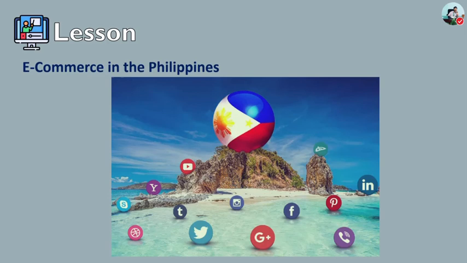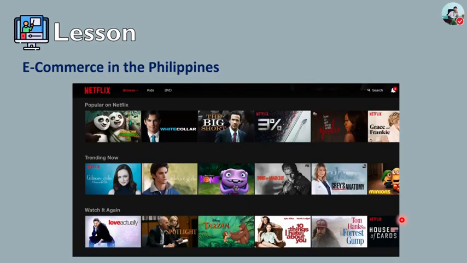So Filipinos are really fond of using social media, and they use electronics or technology to exchange information or conduct any business transaction. The market for digital media products in the Philippines is particularly small, with the country's internet users spending just, for example, $286 million on video games alone.